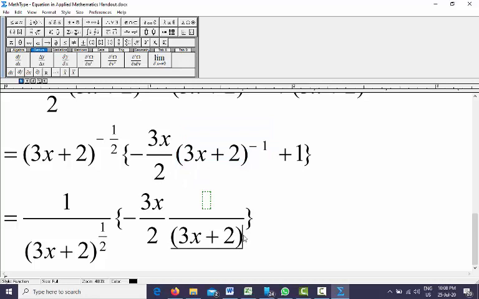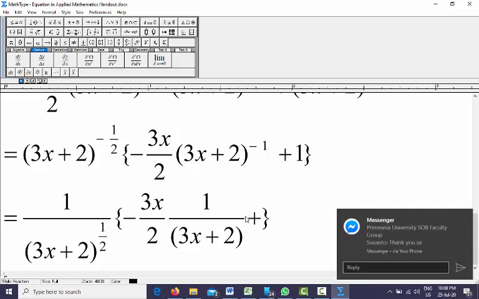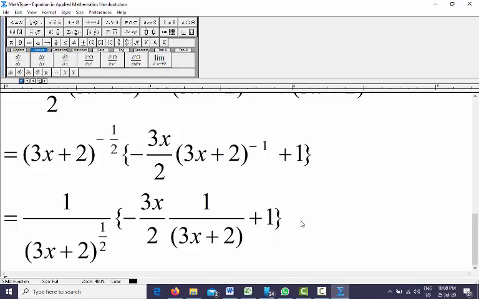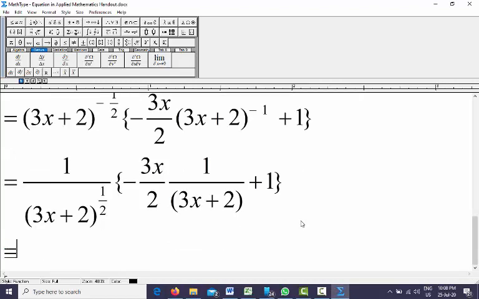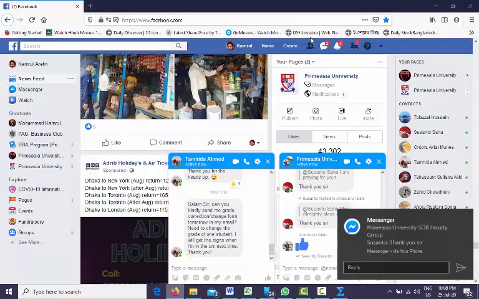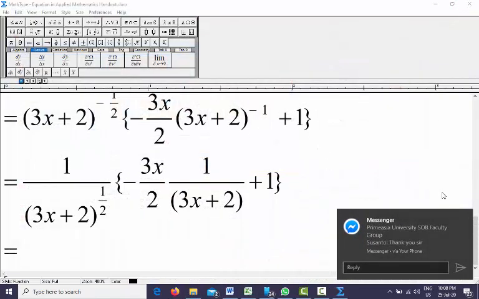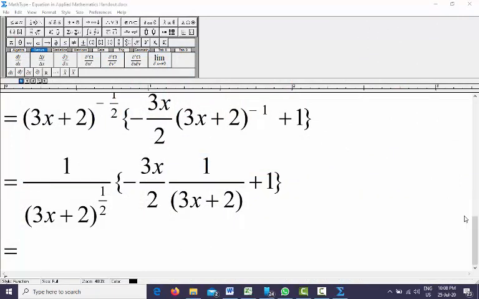With power 1, you know that you don't have to write it. We have nothing there, so we will have 1 there, plus 1. Right, so now what we will have is this one.